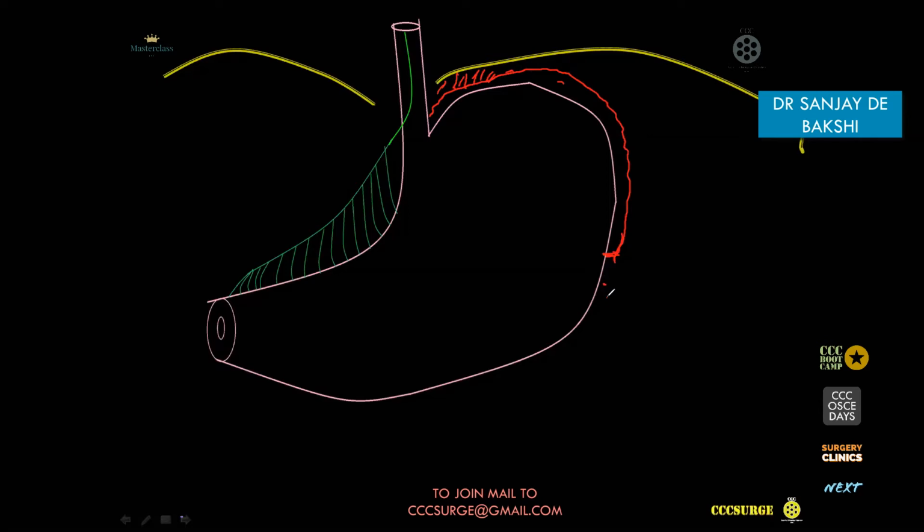What you also do is you denude till you leave that arcade, but you do a complete devascularization up till here. So the whole of the greater curve, except for a bit where the right gastroepiploic comes in, is completely denuded, and you stay close to the stomach.